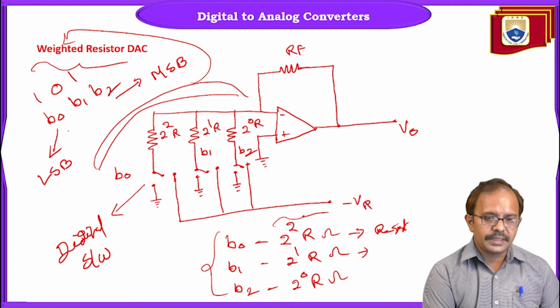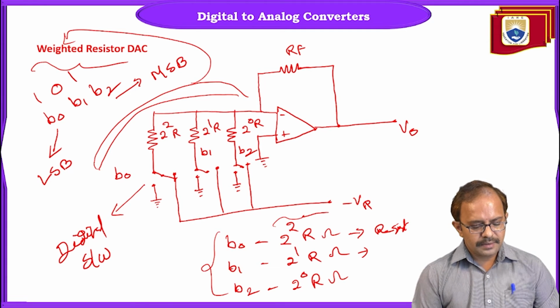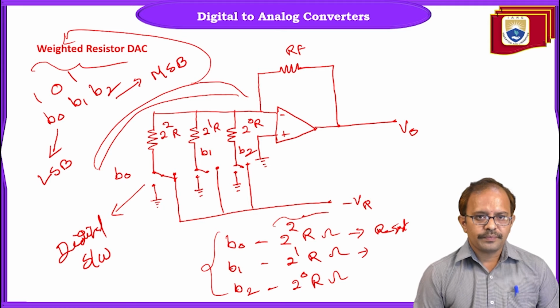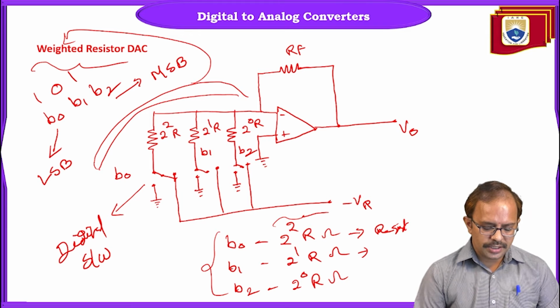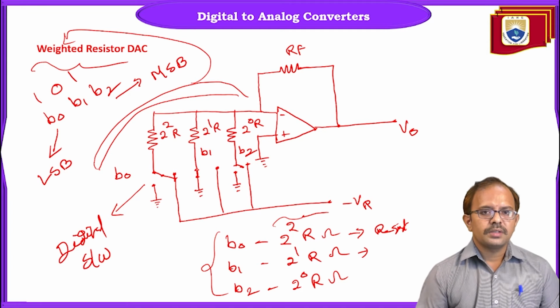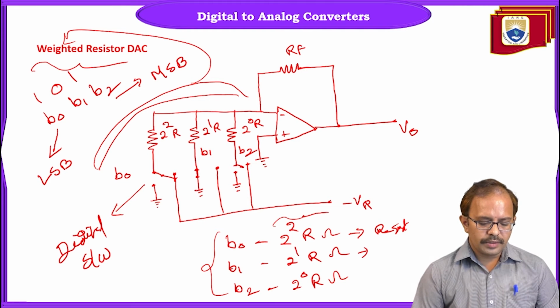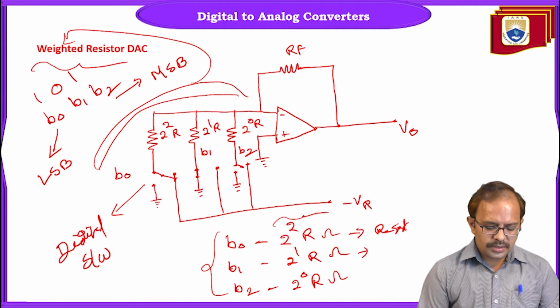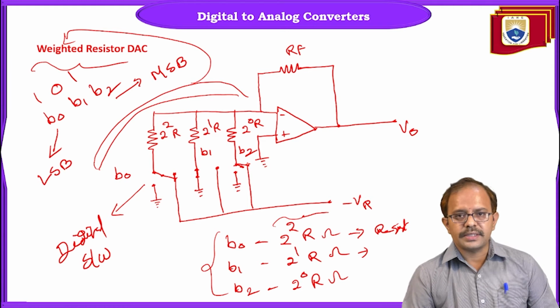The incoming bit B0 is binary 1. So the switch will be connected to the reference voltage, and B1 is going to be 0. The second bit is binary 0. So the switch for B1 is connected to ground, whereas the MSB bit B2 is binary 1. So the switch is once again connected to the reference voltage.